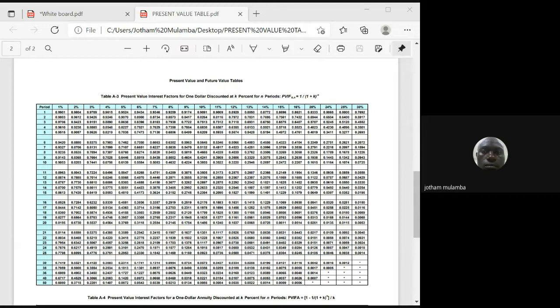Then the second one is rights issue. When you talk of rights issue, these are shares that are given to people who have some privileges, or given to already existing shareholders.